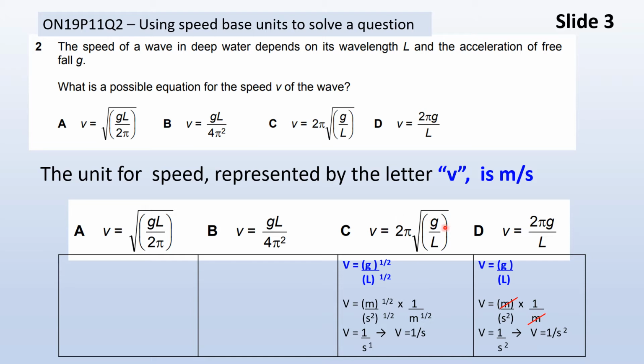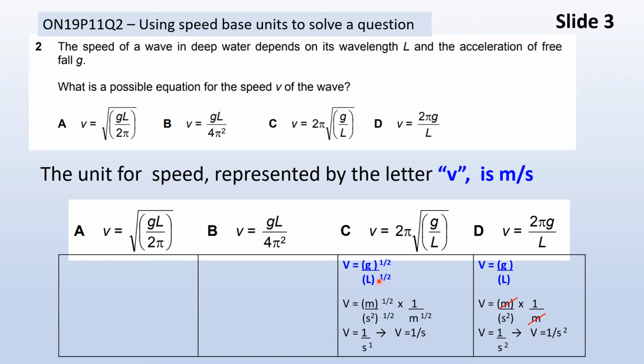In option C, g over L is under a square root. To remove the square root, I will have to place 1 over 2 as an exponent on each variable. So I apply the 1 over 2 on the derived unit for each variable.